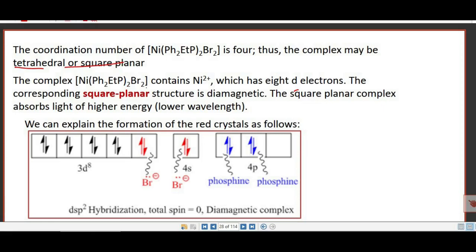In this complex, nickel 2 plus has a D8 configuration. In this D8 configuration, if it is a strong ligand, then you will get dsp2 hybridization. If it is a dsp2 hybridization, there is no unpaired electron.